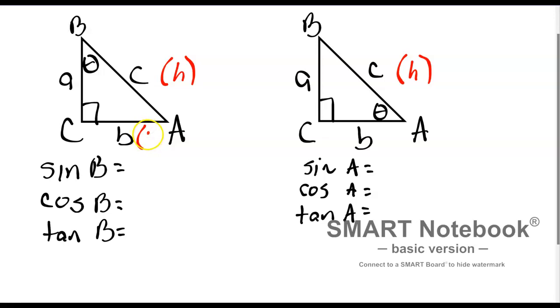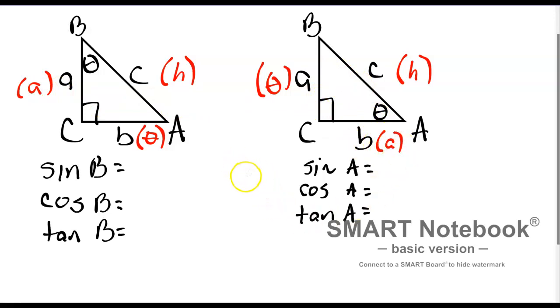So this is going to be opposite. Over here, is this opposite theta? If you said no, good. This is opposite theta. And by default, in this scenario, this is our adjacent, and in this scenario, this is our adjacent.